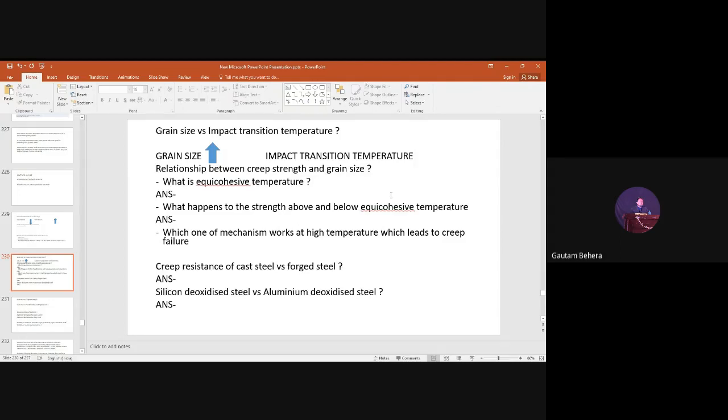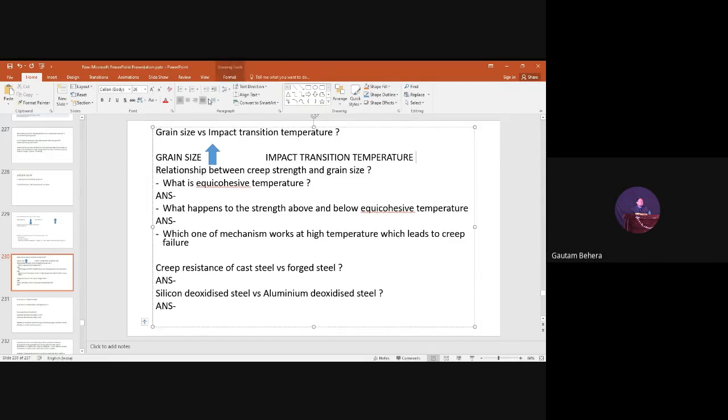It has been seen that a finer grain is actually good. Finer grain has high toughness, so resistance to fracture will be more, and the material may break by ductile mode, not brittle mode. But if we have a coarser grain, the impact transition temperature actually increases.